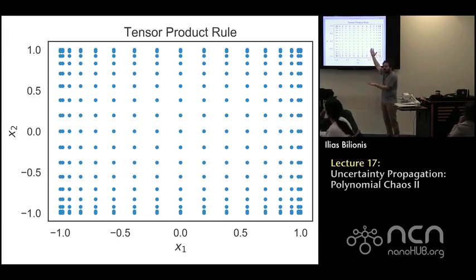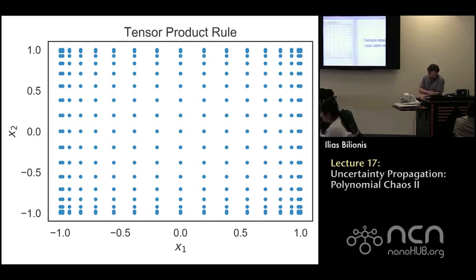Okay? That's pretty much it. And you can do that also in 3 dimensions, and in 4 dimensions, 6 dimensions. At some point, you're going to run out of memory in your computer. Okay? And that point is very, very soon. Perhaps dimension number 4 is as far as you can go, depending on how many quadrature points you're using.